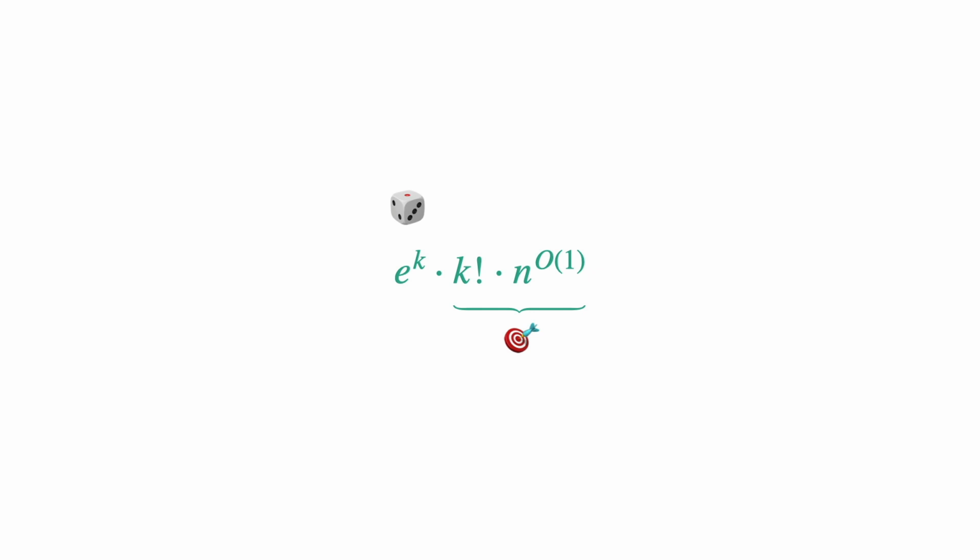So all of that was a polynomial overhead. So right now we have a running time that looks like e to the k times k factorial, which is a pure function of k, multiplied by a polynomial in n. So this is very much a randomized FPT algorithm for the problem of finding a path of length at least k.